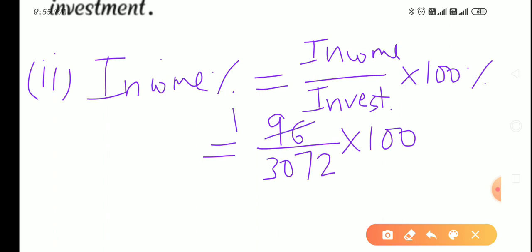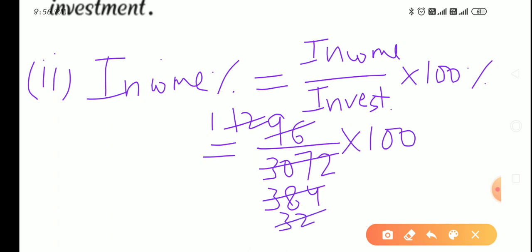8 ones are 8, 8 twos are 16, 8 threes are 24, 8 eights are 64. Now 8 fours are 32. By 12 also you can divide. 12 ones are 12, 12 threes are 36, 12 twos are 24.